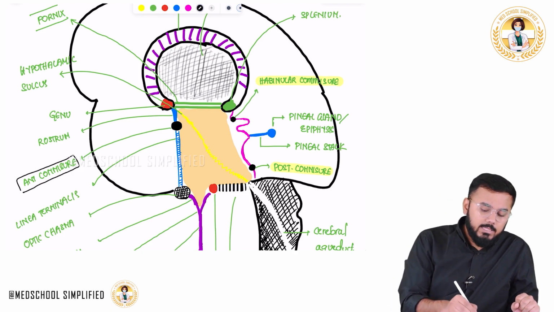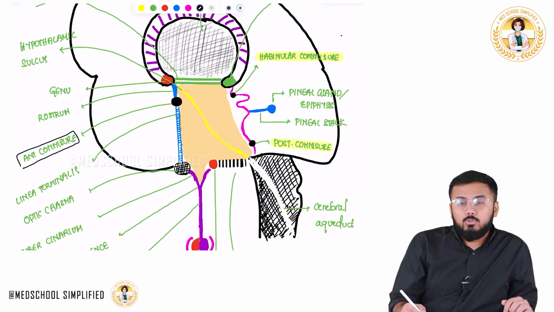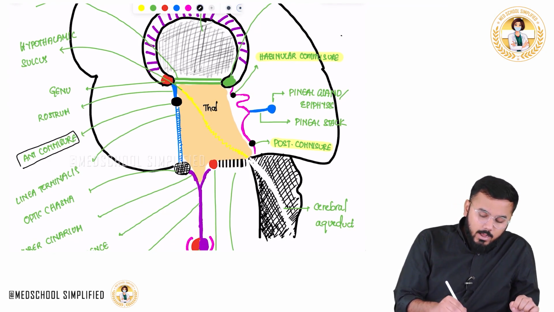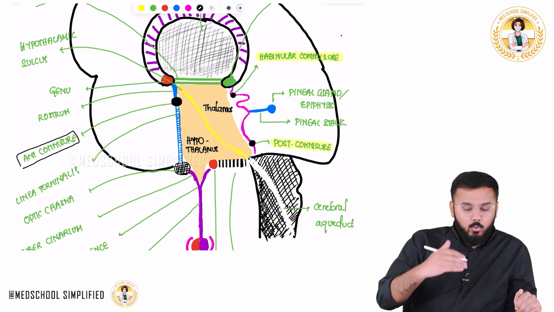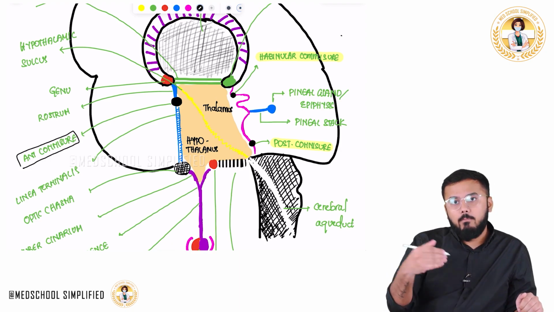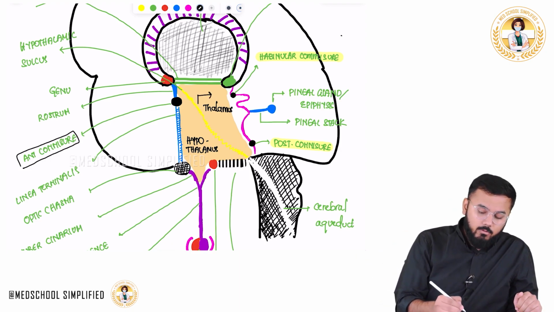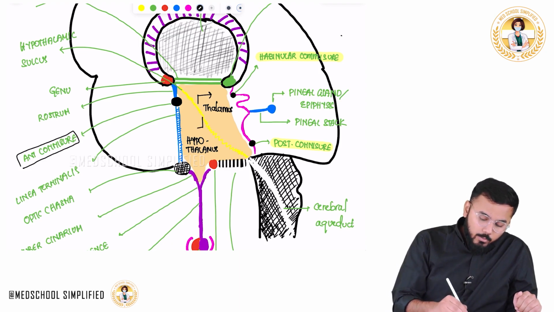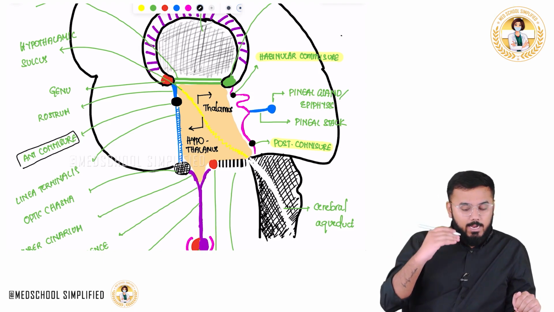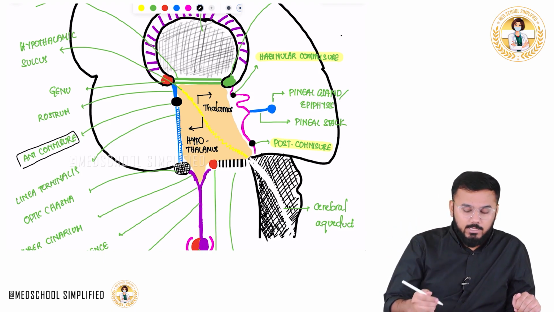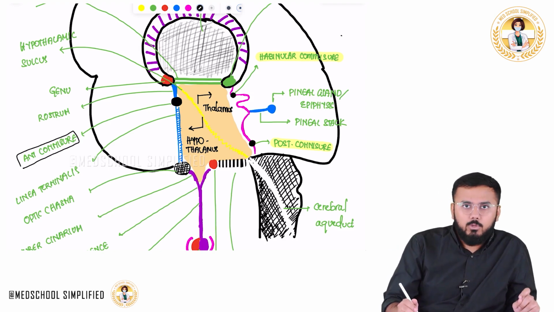So it is dividing this diencephalon into two important parts: the upper part called the thalamus and the lower part called the hypothalamus. Above the sulcus and posteriorly you have got the thalamus, below the sulcus and anteriorly you have got the hypothalamus.